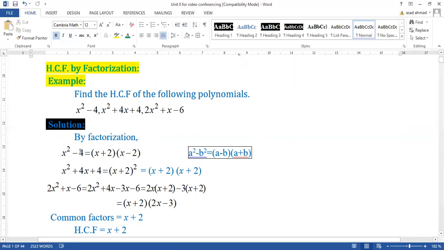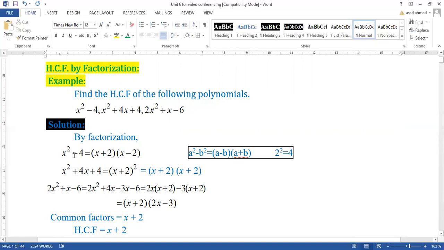So 4 is written as 2 square, and then 2 is taken as b.